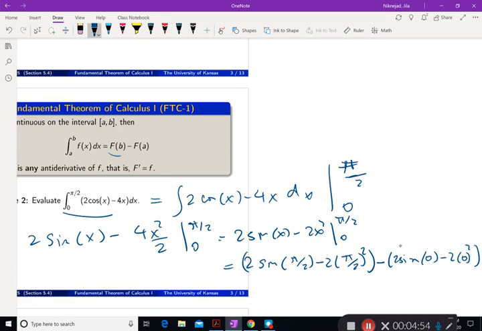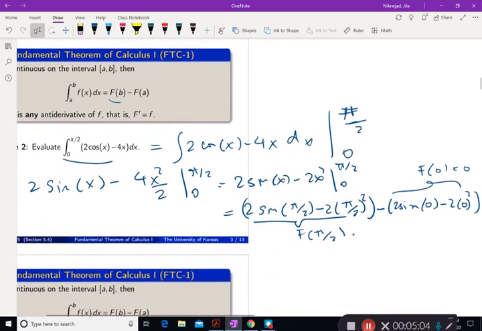So this part, F of 0, is going to be 0, and this is capital F at pi half. And that is going to be the answer, which is 2 sine of pi half, which is 2, minus 2 times pi squared over 4, which is pi squared over 2.